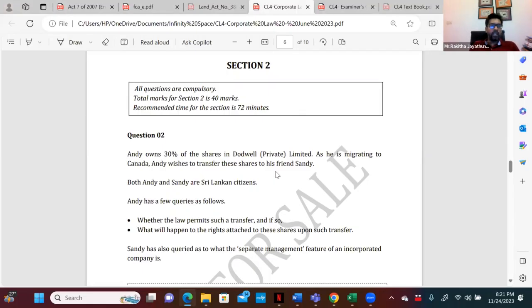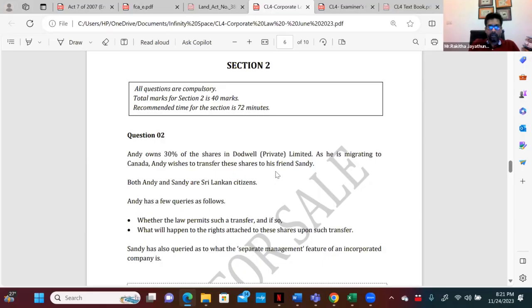Your target should be to finish it within 1 hour. Then you have an extra 1 hour to answer MCQs, right? So pre-preparation is extremely important. That's why it says pre-preparation prevents poor performance. That's the key to get through any paper in your CA curriculum.